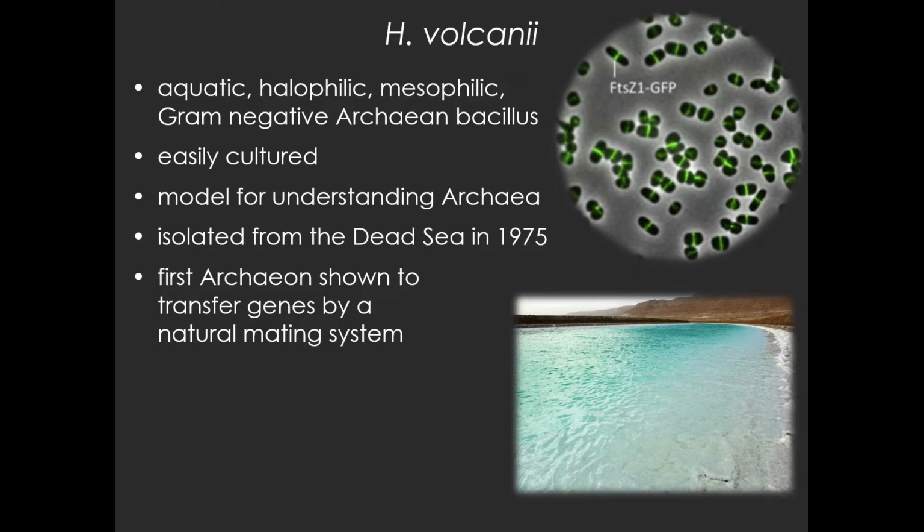Remember, archaeans, though they are prokaryotes, lack peptidoglycan in their cell wall, and so will not ever retain that primary stain. This guy is an aquatic, halophilic mesophile, which is easily cultured, and because he's easily cultured, he's become the model for understanding archaeans since he was isolated from the Dead Sea in 1975.